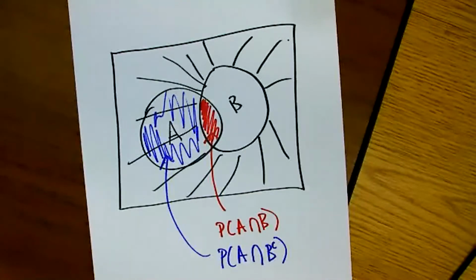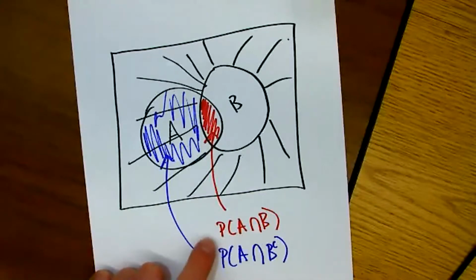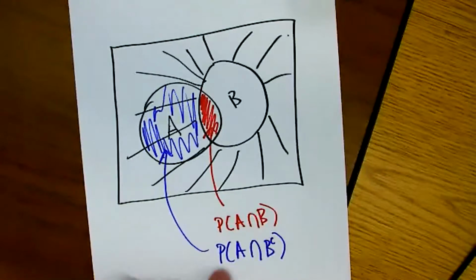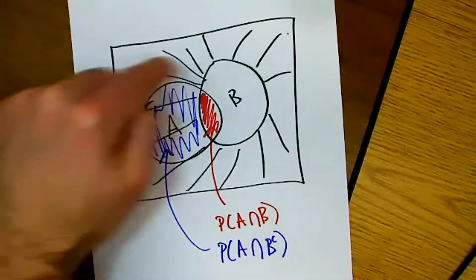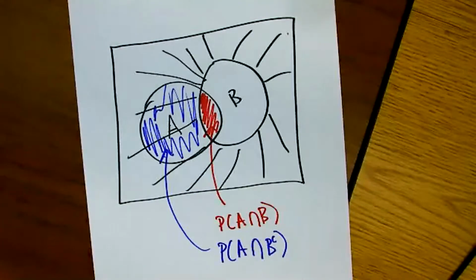When we added across the rows, those two cells represented the probability of A and B and the probability of A and B complement. And that's why when we added them together, we just got the entire area of A, or the probability of A.